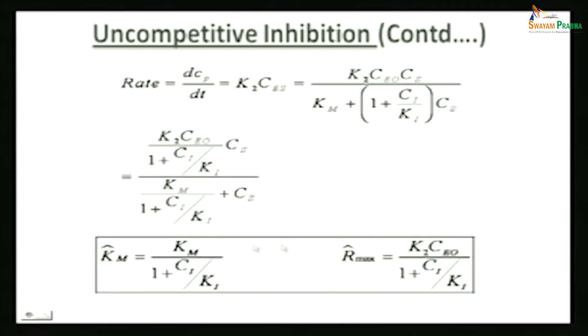So you might just want to write down these two, the Km hat and the Rmax, for the new system, which are Km hat and Rmax hat actually. So if you look at these two, once you've written, I'll ask you a quick question on this.